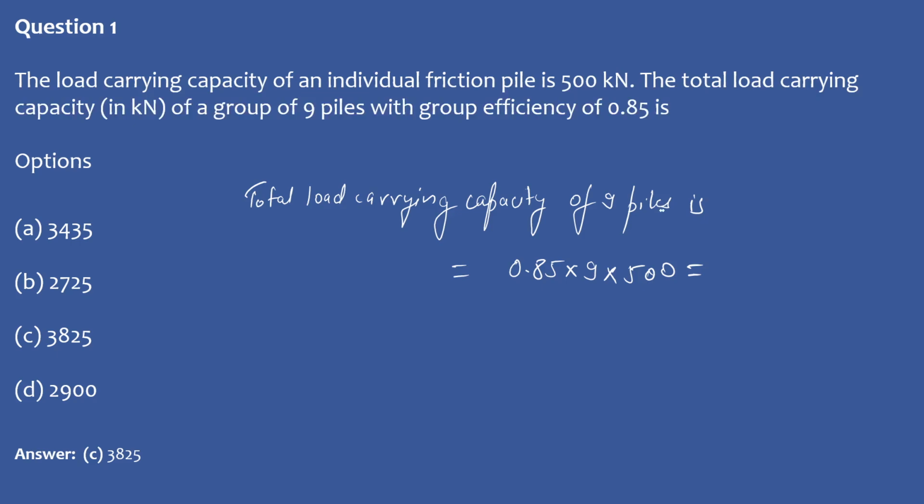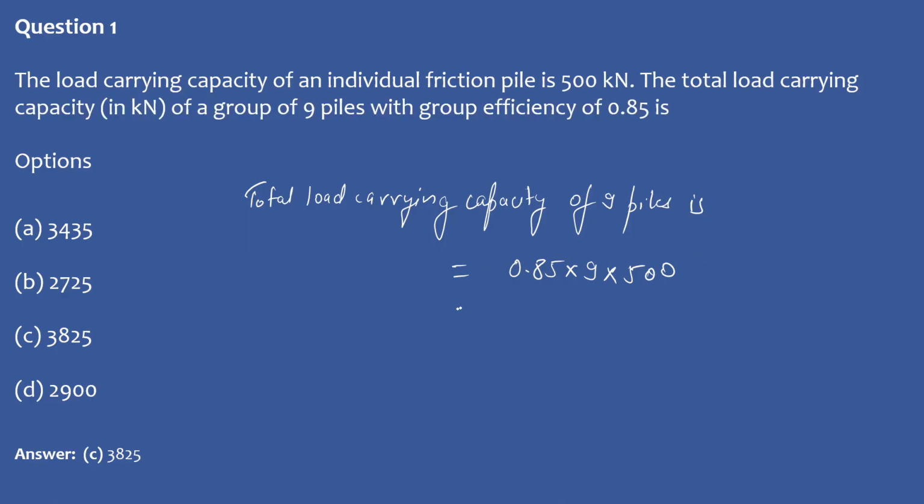Definitely, in most cases the load carrying capacity of a pile group is less as compared to the sum of the individual capacities of the piles. That's why we need to analyze this efficiency, and it has been given as 85%.